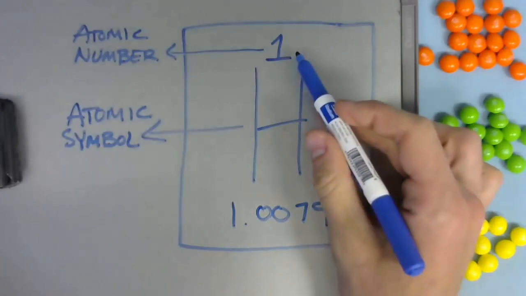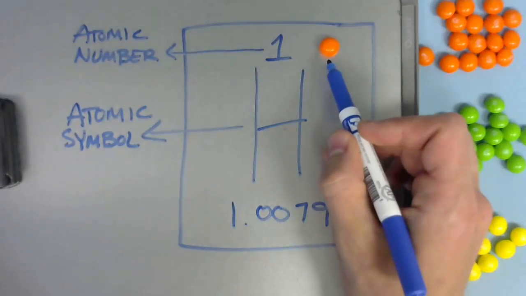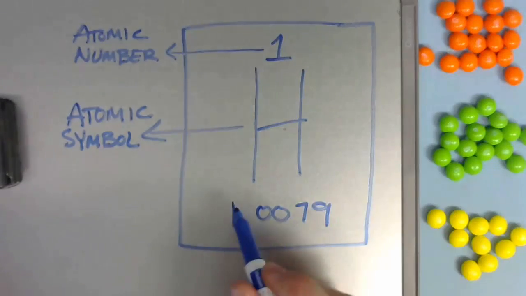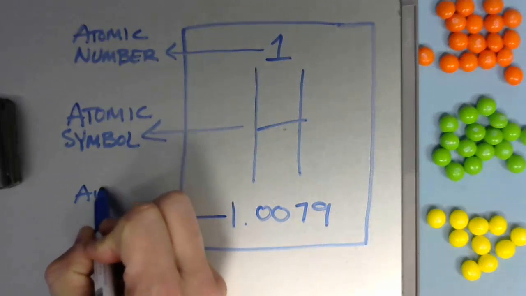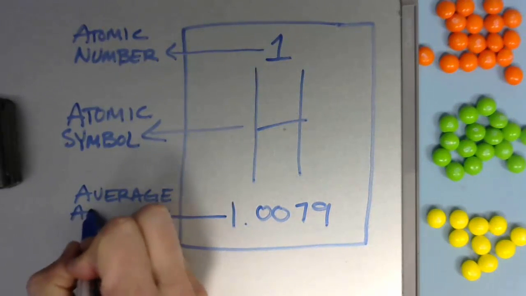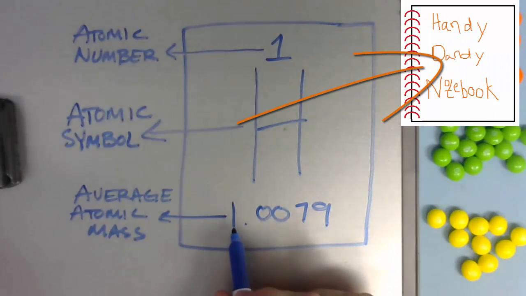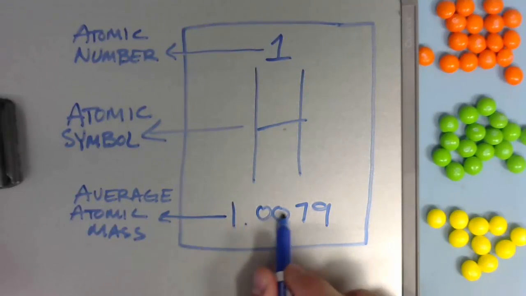The atomic number also equals the number of protons that an atom has. The number below it is the average atomic mass. For the purposes of this exercise, though, we're just going to round down to the nearest whole number.